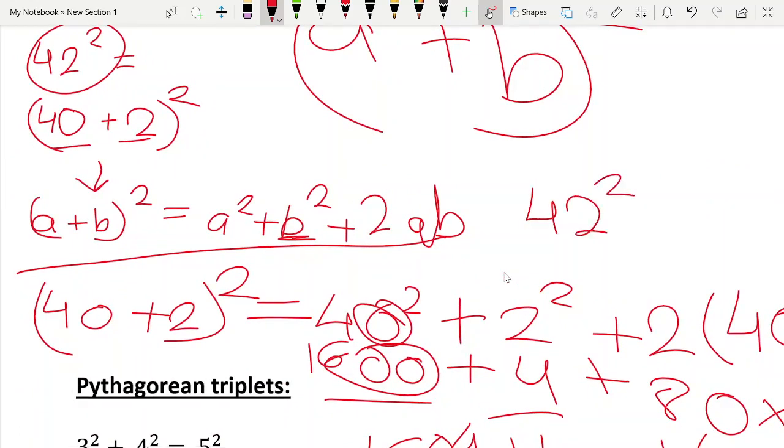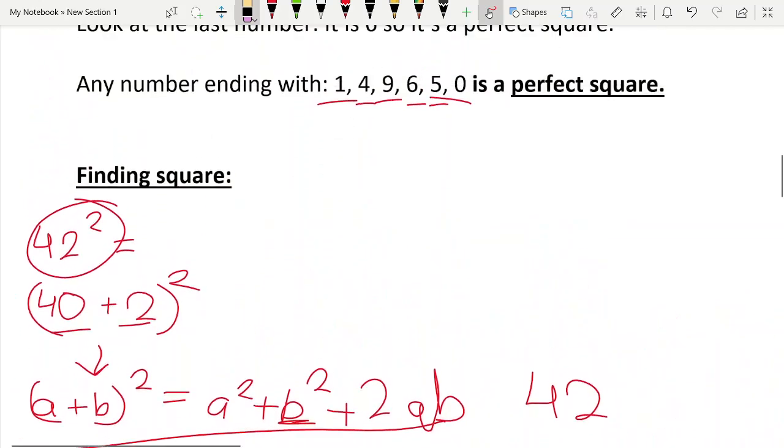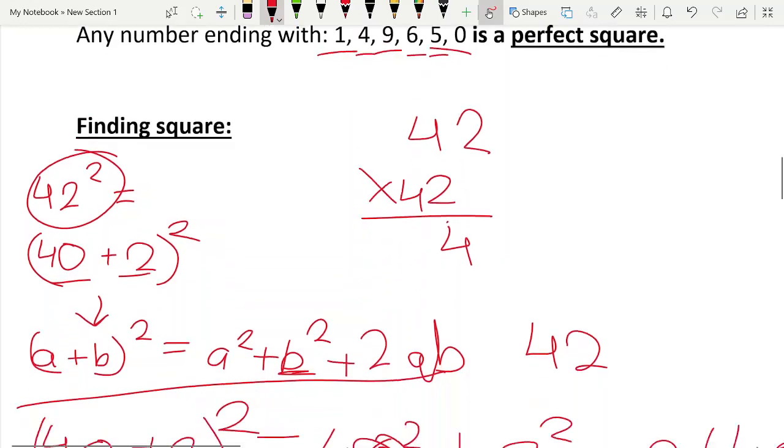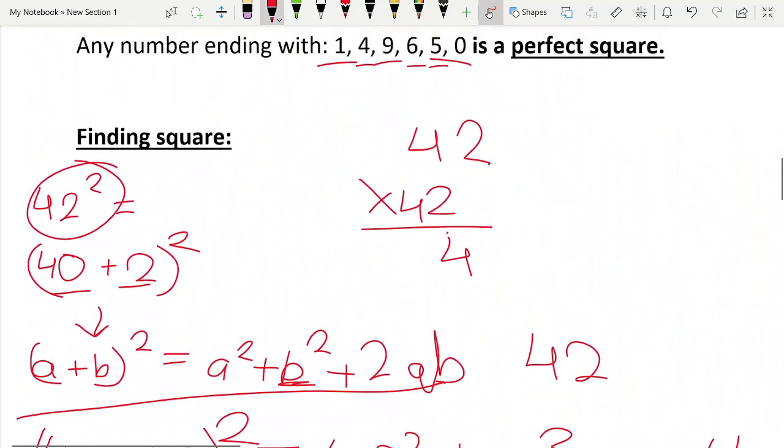Now we can check that by doing 42 to the power of 2. It's getting a bit messy. I'm just going to rub that out, and let's do it over there. Perfect. 42 times 42. 2 times 2 is 4. Is our number ending with 4? Yes. Now 2 times 4 is 8, plus 4 times 2 is 8.